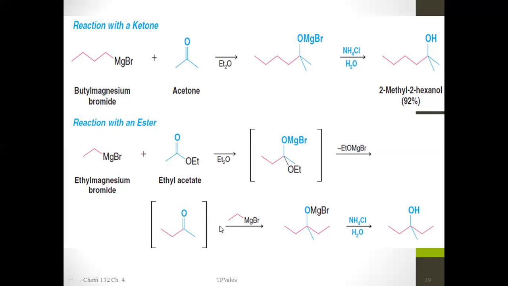Of course, you have this and this, and with NH4Cl you can acidify this further to an OH. So how many are there in total? 1, 2, 3, 4, 5, 6, with another mole of this one. So six carbons in all. And this is actually a tertiary alcohol. Once you start with an ester, you get a tertiary alcohol.